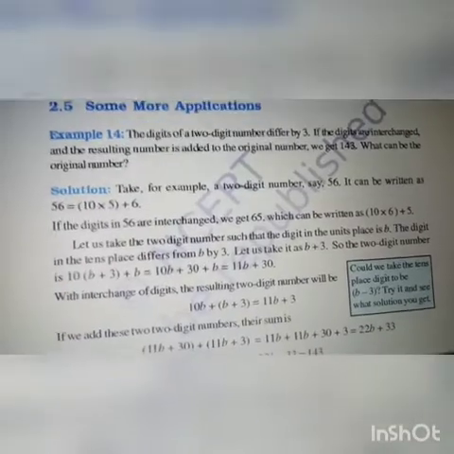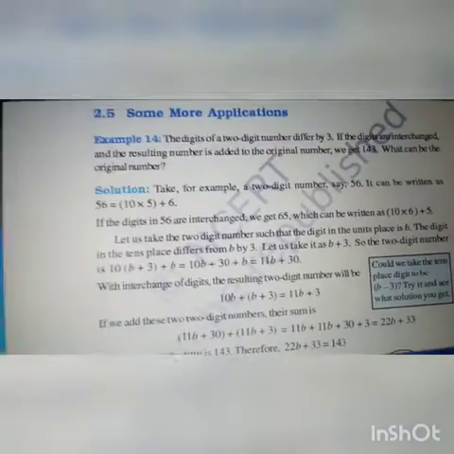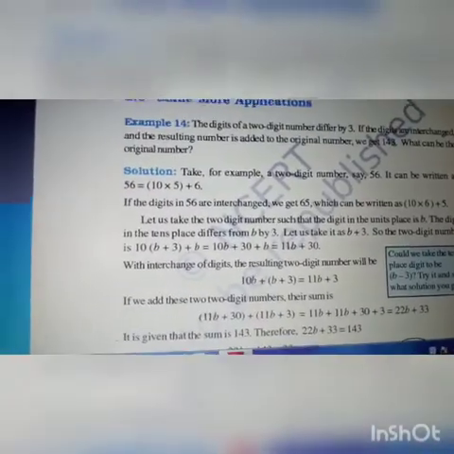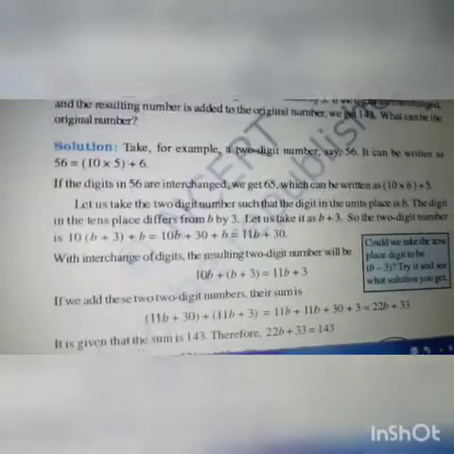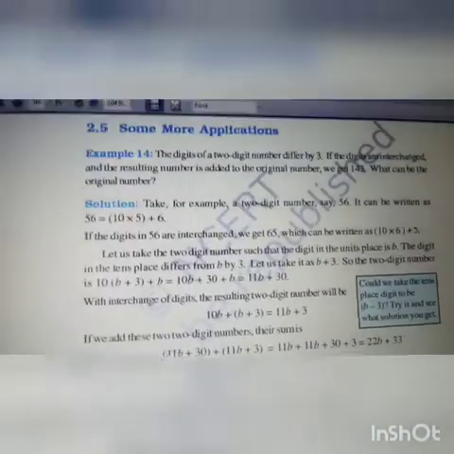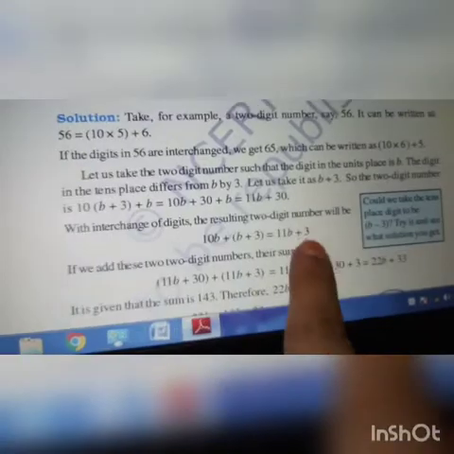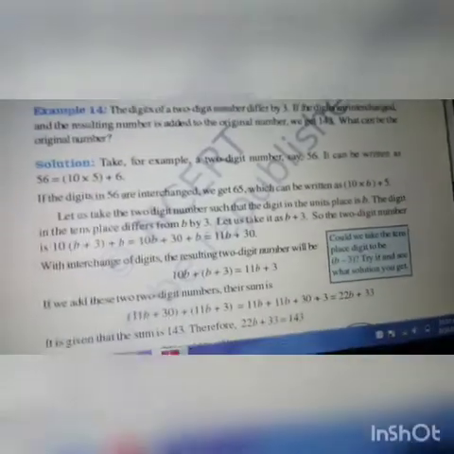It is somewhat different when compared to exercise 2.2. So read the question carefully, and by using that question you frame the equation. In that equation itself you can find that variables will be on both sides. See here, we have framed something where here also we have b, here also we have b, which means we will be having variables on both sides.